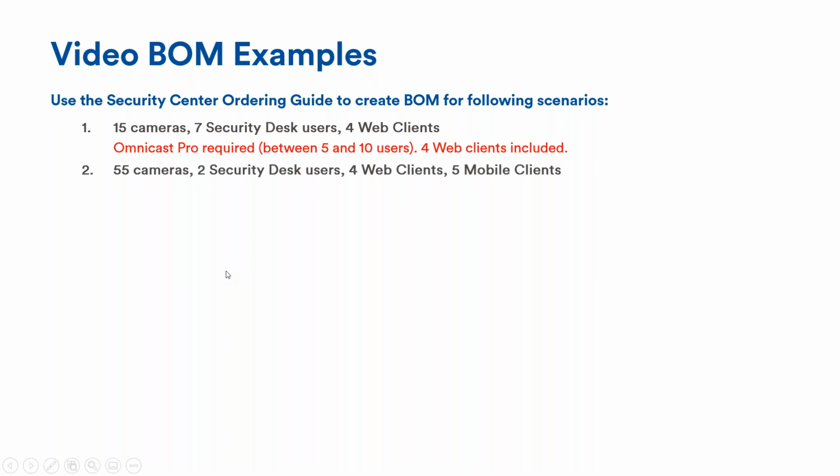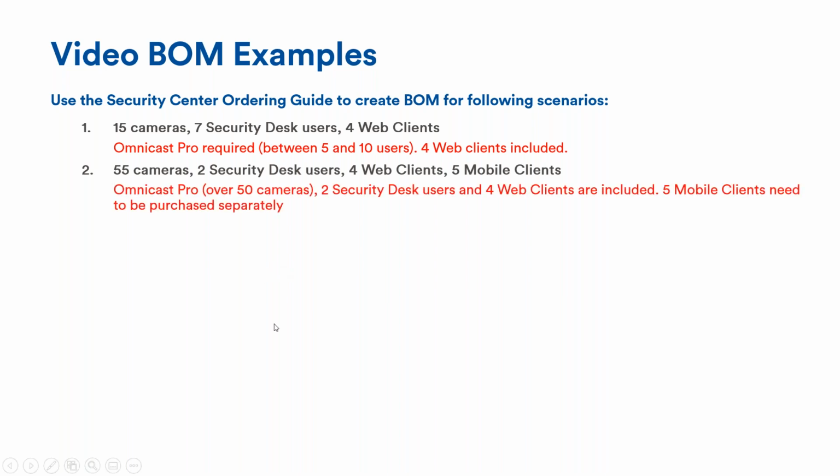Next scenario, 55 cameras, 2 security desk users, 4 web clients, 5 mobile clients. Again, this has to be an Omnicast Professional package because we're over 50 cameras that are supported in standard. 2 security desk users and 4 web clients are included in the base package.